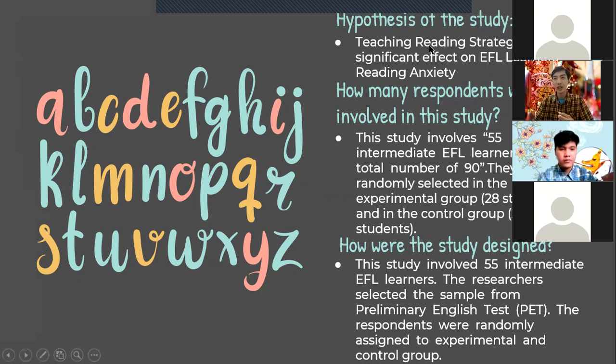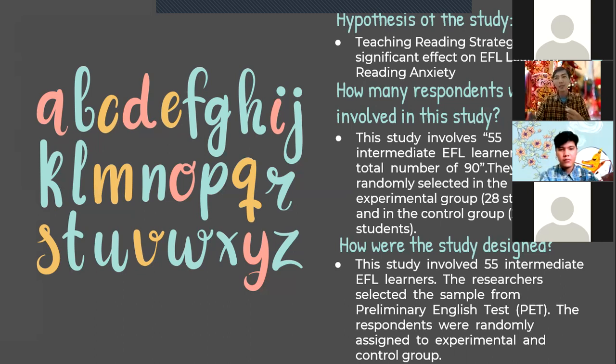Okay, so from this hypothesis, where is the independent variable? The independent is the teaching reading strategies. Yes, that is the independent variable.